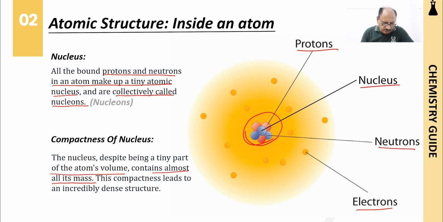So the nucleus is containing most of the mass. This compactness leads to an incredibly dense structure. So the nucleus is an incredibly dense structure also.